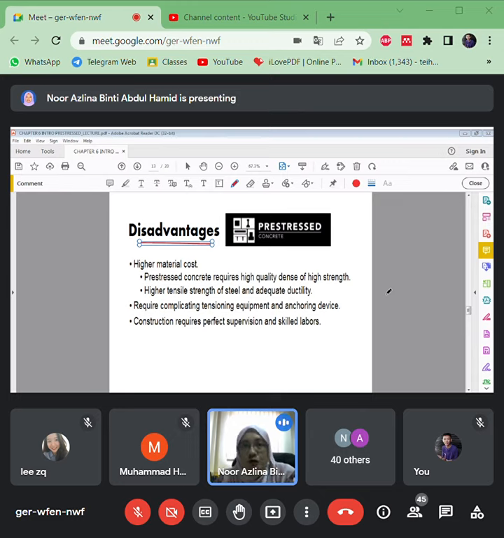It's not only for the steel, but we also need to use high strength concrete grade, and also need all the equipment, like hydraulic jacks, equipment for the anchorage, for the cutter and everything that is needed during the stretching, during the releasing of the reinforcements.